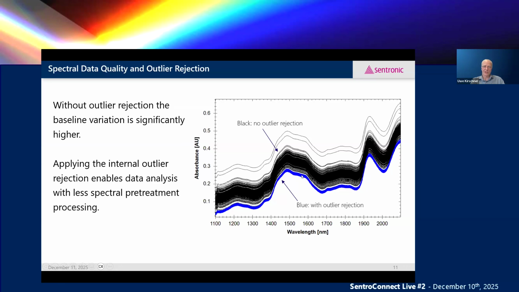With the outlier rejection tool, the baseline of the same data set is much more consistent and stable, and also has a lower baseline. So applying the outlier rejection here helps to provide NIR data which have a lower need for spectral pretreatment for further processing.